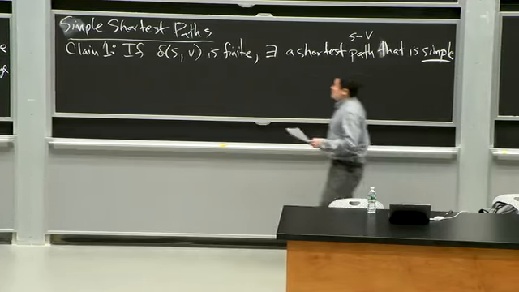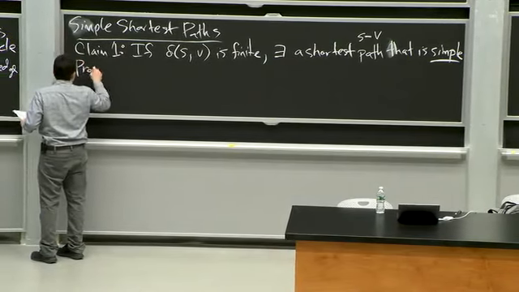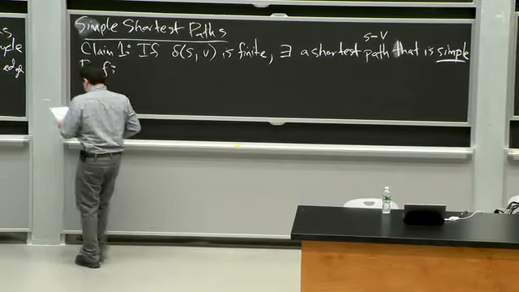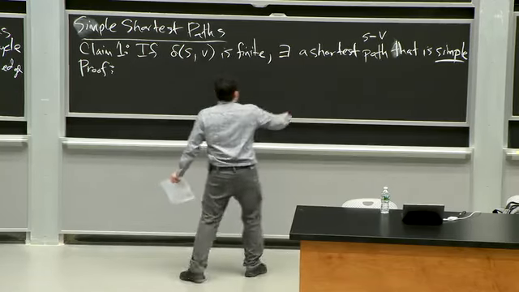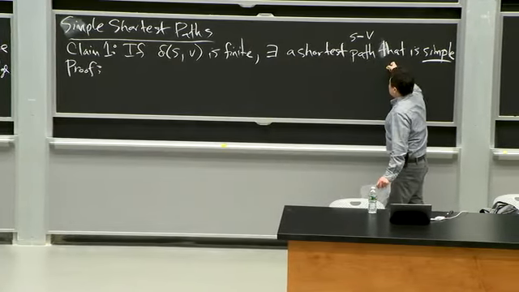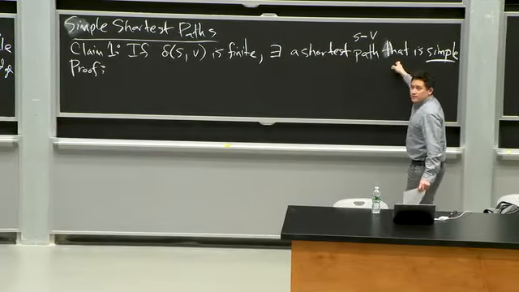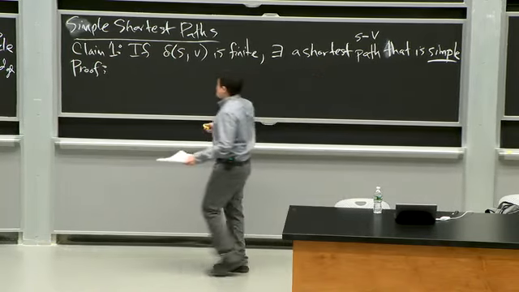All right. How are we going to prove this? Well, consider if this claim was not true, right? If every shortest path contained a cycle, essentially, it repeated a vertex.